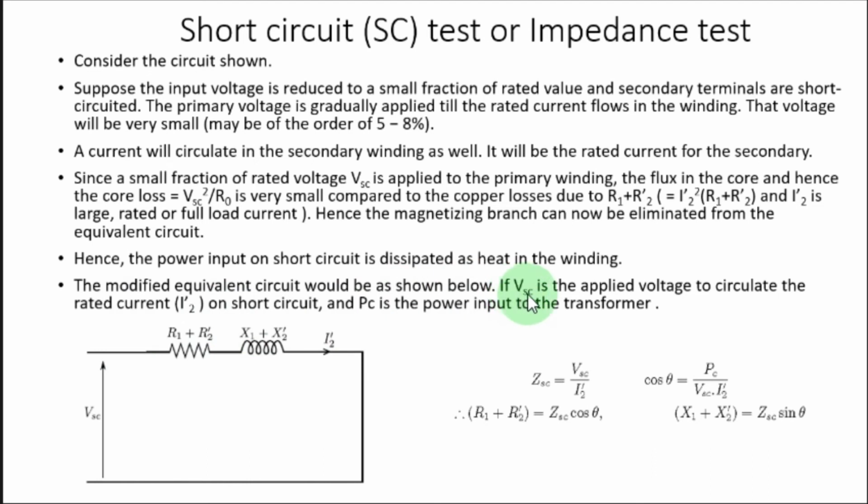So if VSC is the applied voltage to circulate the rated current I2 dash on short circuit, and PC is the power input to the transformer, we can write down these equations. ZSC equals V short circuit over I2 dash.